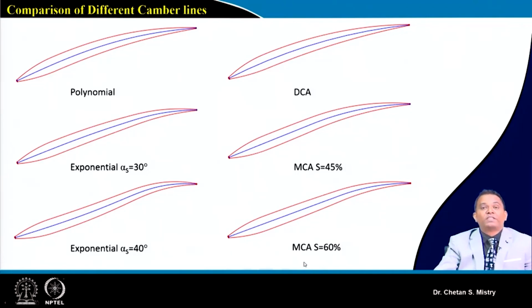Here my inflection point has been placed at 60% of my chord. So we can see the clear difference, clear variation, that is happening by changing the position of my inflection point for the multiple circular arc camber line.